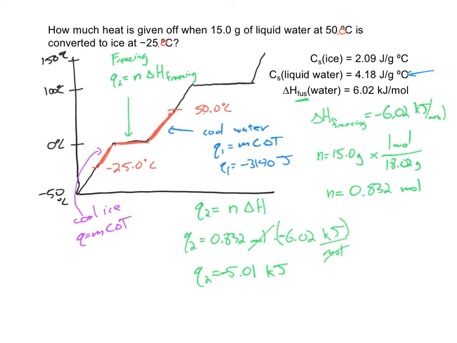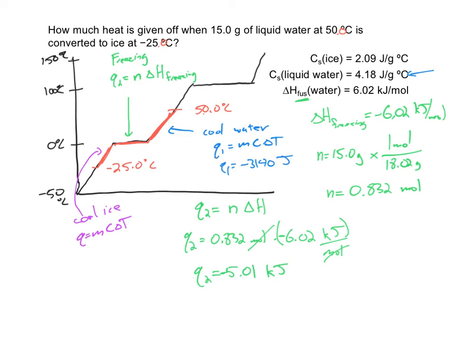And so back to the units, right, when I use Q is equal to mc delta T, my heat comes out to be in joules. When I use the enthalpy of a phase change, if it's given to me in kilojoules per mole, then the Q for that process is going to be in kilojoules. And I need to be consistent on the units. Now I could convert everything to kilojoules or everything to joules, whatever you prefer, but since two of them are going to come out to be in joules and one of them is going to be in kilojoules, I think the easiest thing to do is to get this into joules.